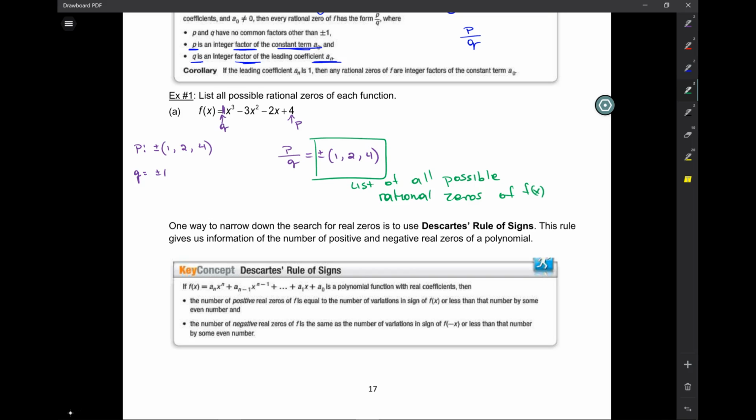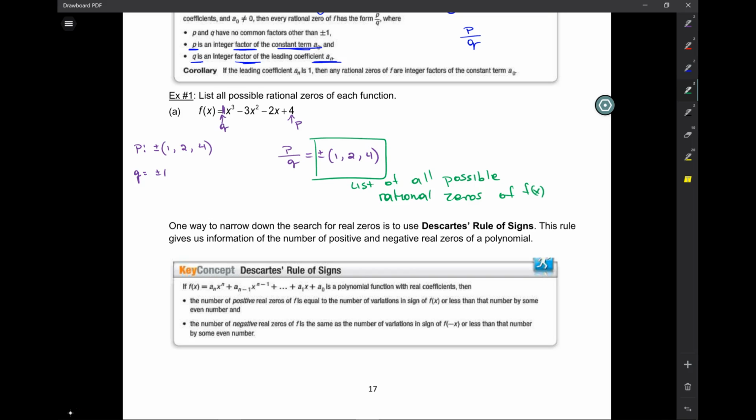Suppose some of those were real, okay? And suppose of those real zeros, some of them were rational. So basically, if this function has a rational zero, it has to be either 1, 2, 4, -1, -2, -4. Okay?